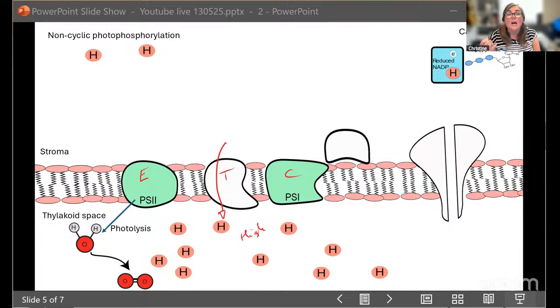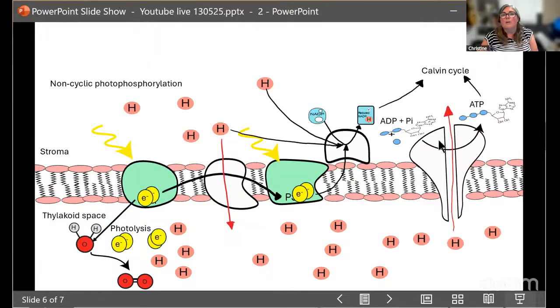So we have a high concentration of hydrogen ions inside so that they will diffuse down their electrochemical gradient. And as they diffuse down their electrochemical gradient, that is therefore going to give the necessary energy to bring together the inorganic phosphate and ADP to make ATP.